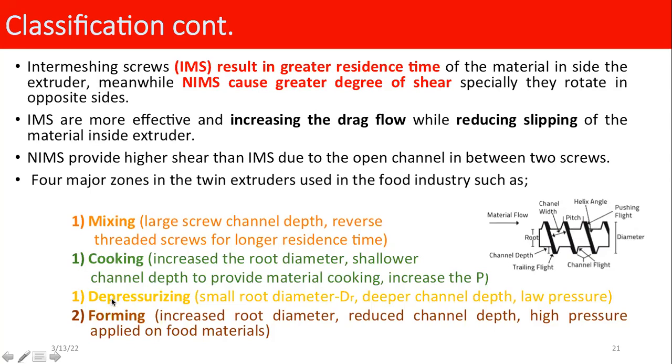Mixing, cooking, depressurizing and forming. Hope those things are clear. I think you understood this. These are not big things; you can remember and understand them. There is a mixing zone. In the mixing zone, the screw channel depth is large. Large screw channel depth.